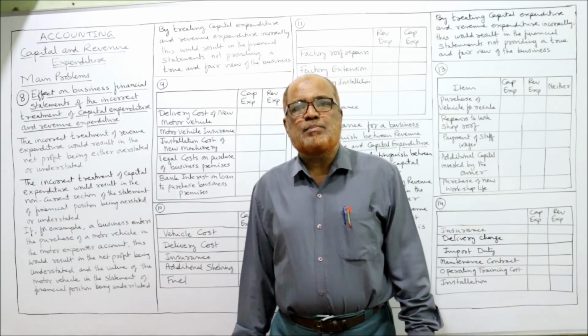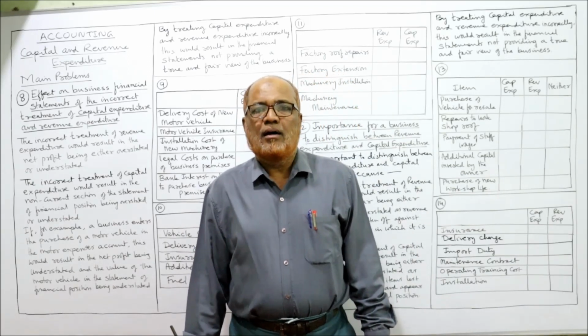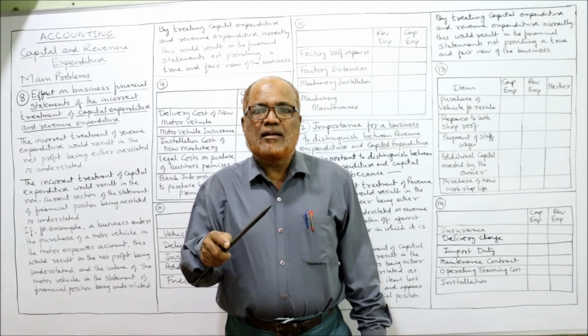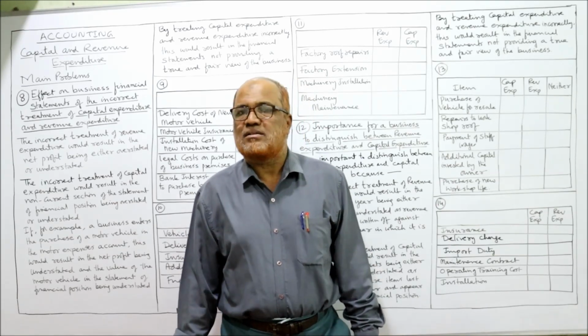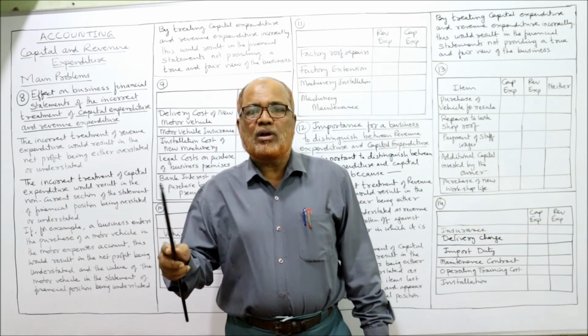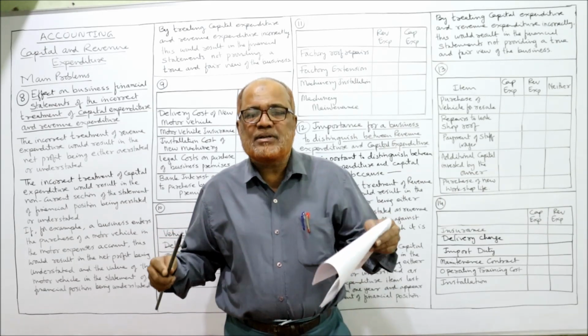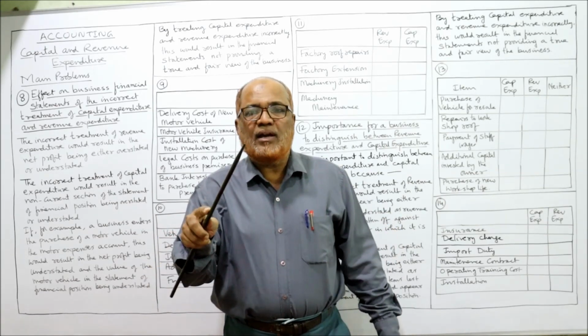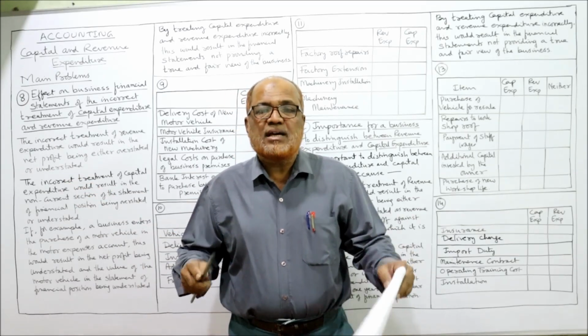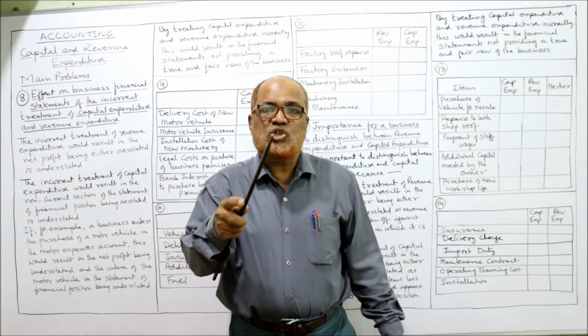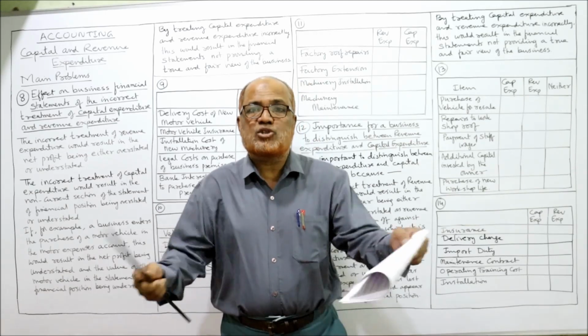For example, suppose a business has purchased a motor vehicle, but by mistake this motor vehicle was charged as motor vehicle expenses. Actually, when a motor vehicle is purchased, it's a capital expenditure. That motor vehicle should go to the non-current assets section. But by mistake, it has been charged to the income statement as an expense.